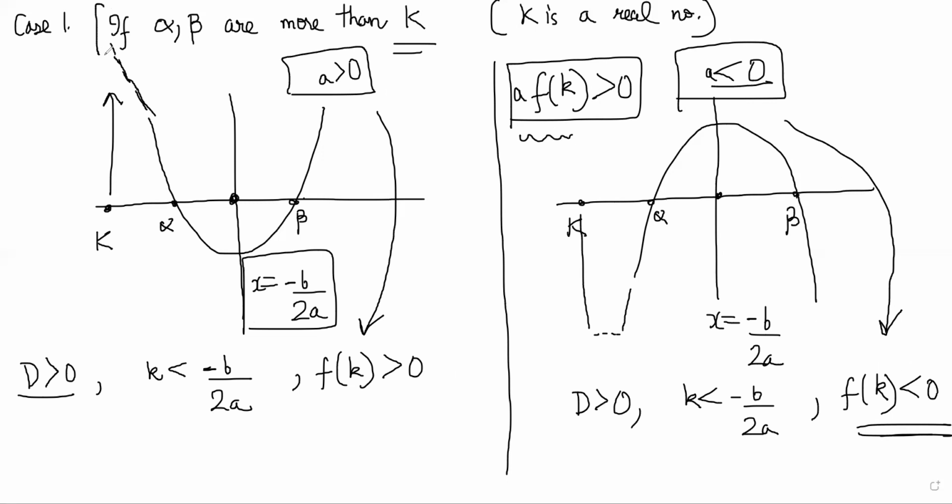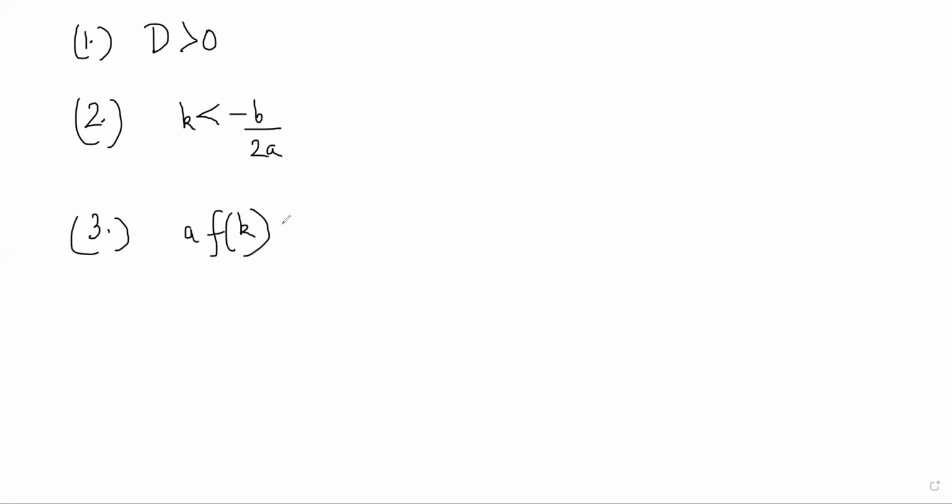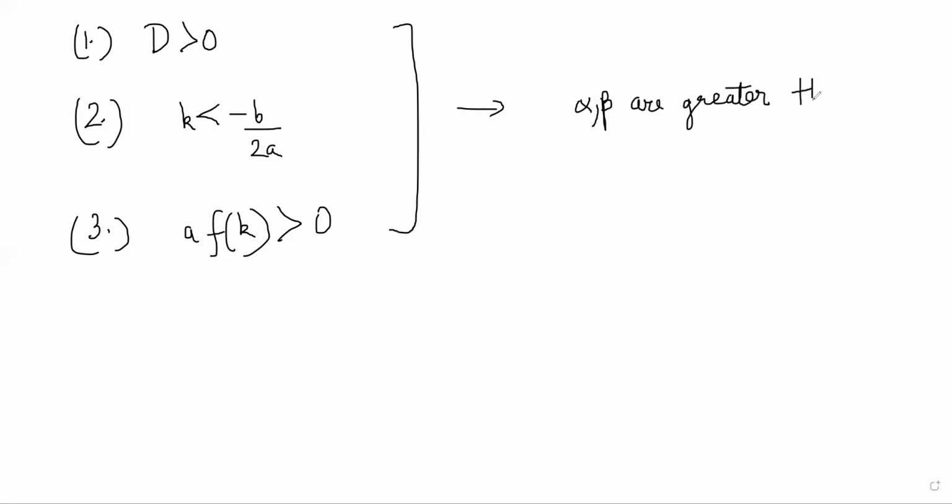So in this particular case, when alpha beta are greater than some real number, you can combine both of these cases and say the final condition is d is greater than 0, k is less than minus b by 2a, and third one, a times f of k is greater than 0, right? So this solves for the case when alpha beta are greater than a real number k, right? And for all types of quadratics, right?